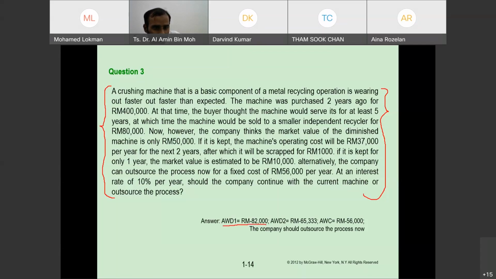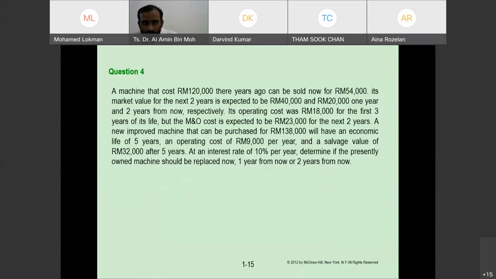AW for defender 1 and 2, and then for challenger, and then we're going to compare among them. When the challenger is the lowest, the answer would be to change the process now. The same thing for question 4. We give you two questions for each example.